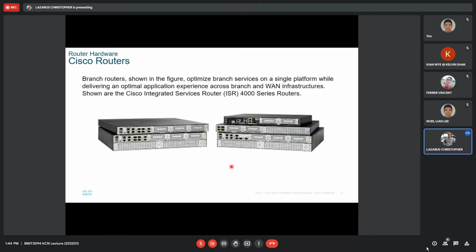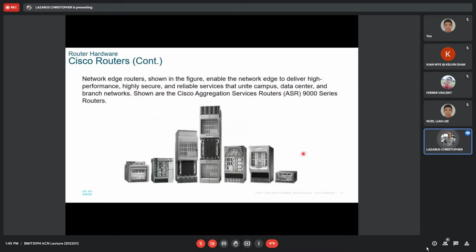Here we are shown the Cisco Integrated Services Router 4000 series, usually for branch routers. If you think about branch routers, then you'll consider this. Then the network edge router, at the boundary between your large network and the ISP or another organization's network.